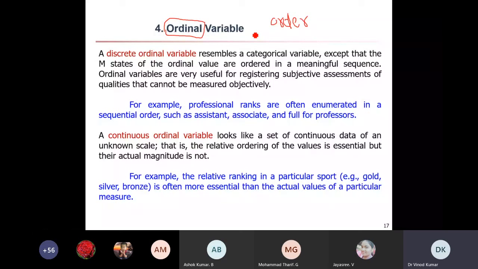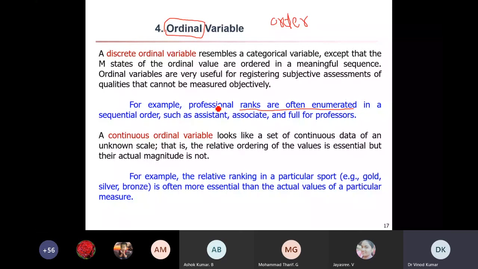But in ordinal there will be some order. There will be ranking. It is similar to categorical, but it will follow some order. If I say assistant professor, associate professor, and professor, is there any ordering?